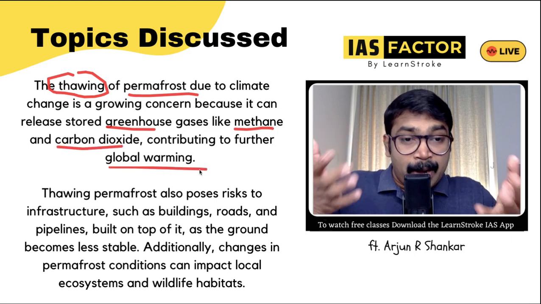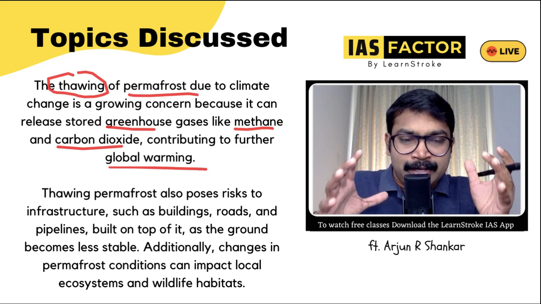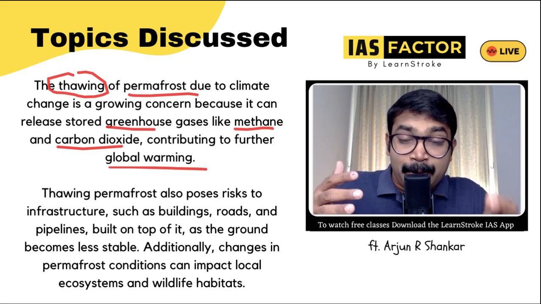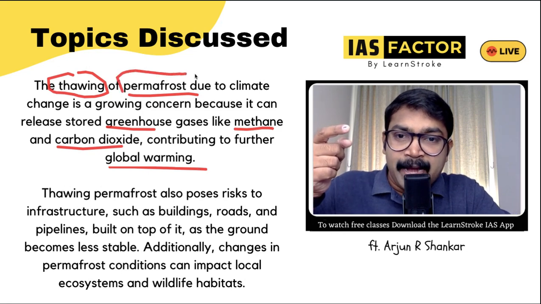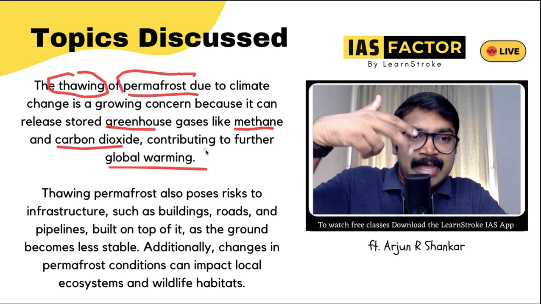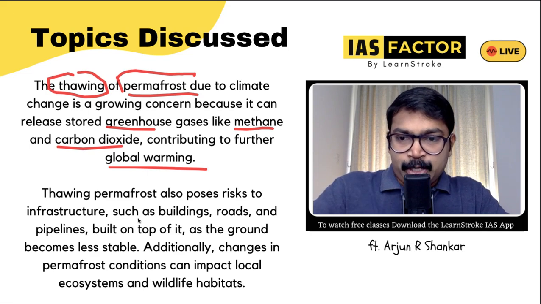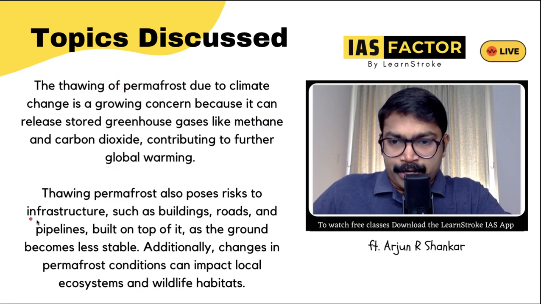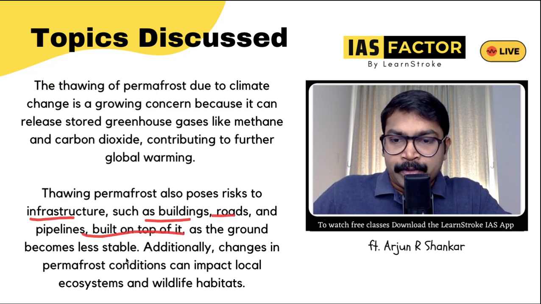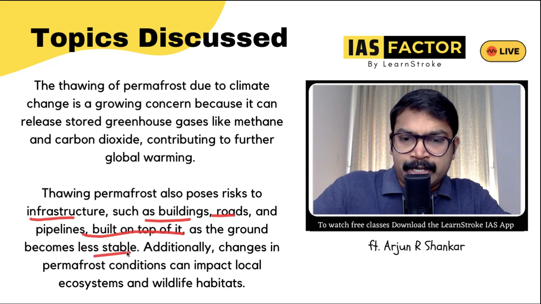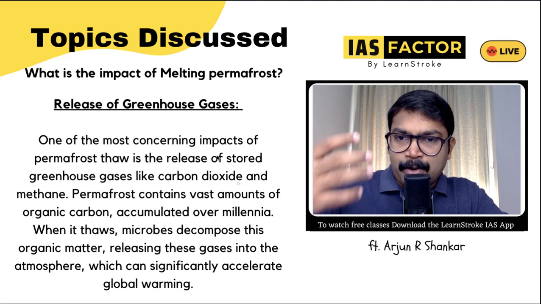Because of all the soil and organic matter, there is a lot of gas trapped inside the permafrost. When the permafrost is melting or defrosting, it can release the gases upwards. It also poses risk to infrastructure, buildings, roads, and pipelines built on top of it, as the ground becomes less stable. So let's take in some of the important things.